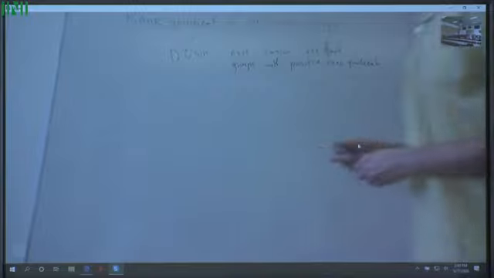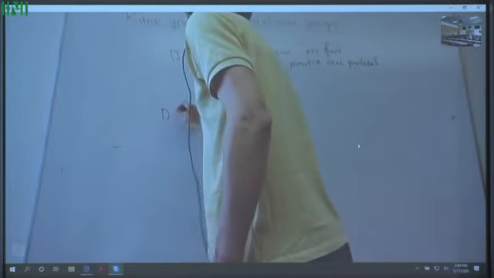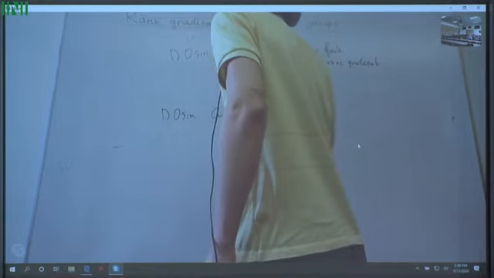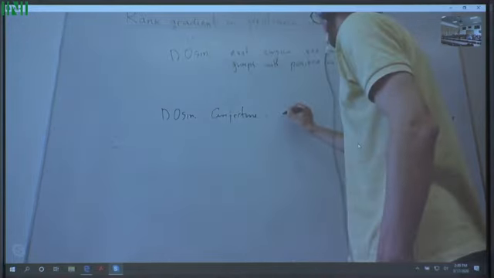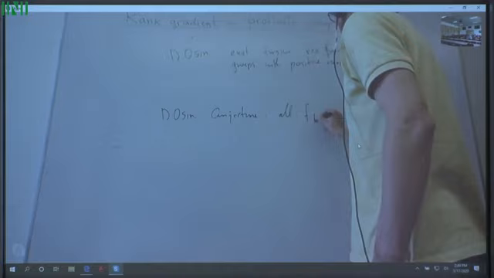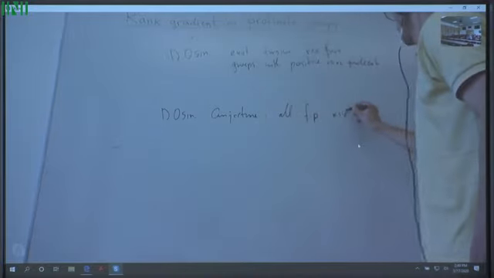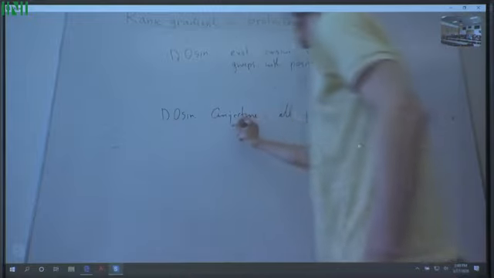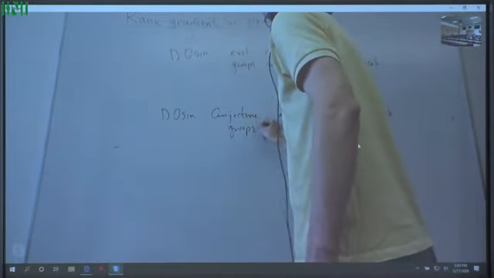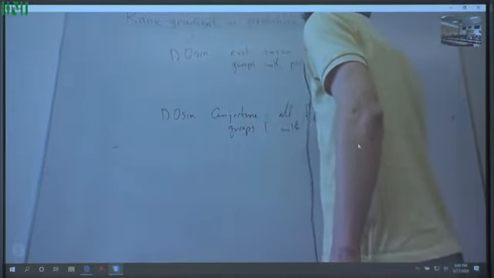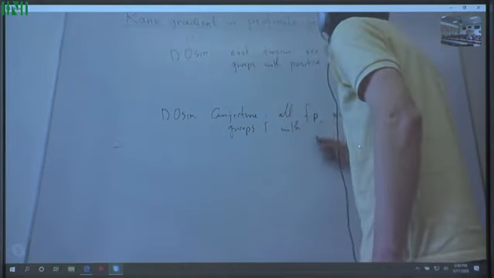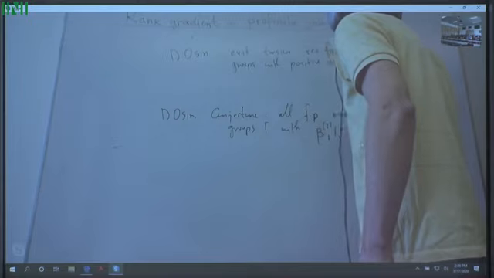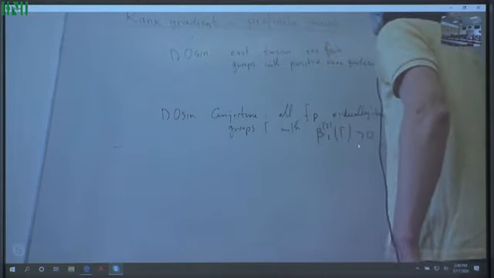Dennis Olsen has this conjecture that all finitely presented residually finite groups gamma with positive L2 beta number are cylindrically hyperbolic.